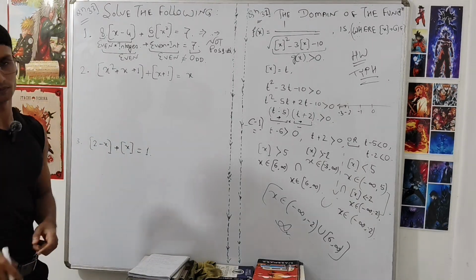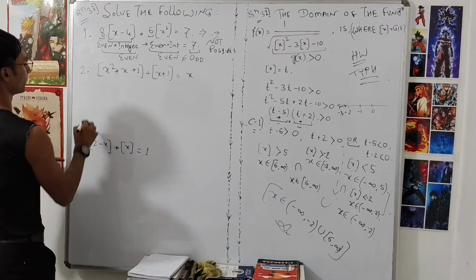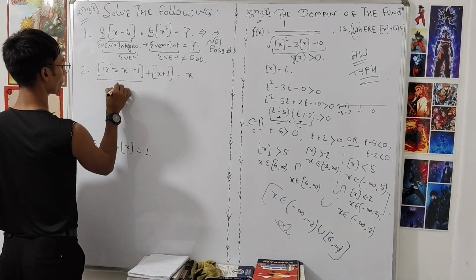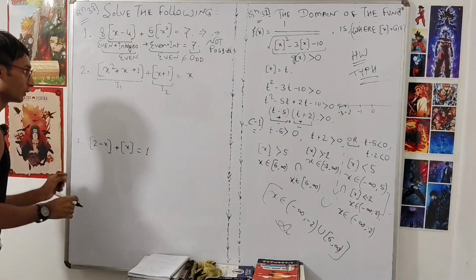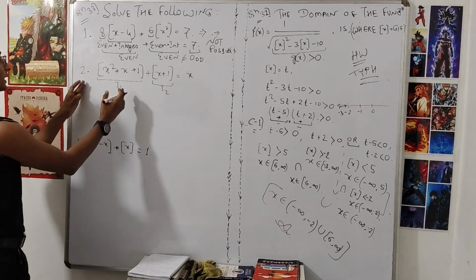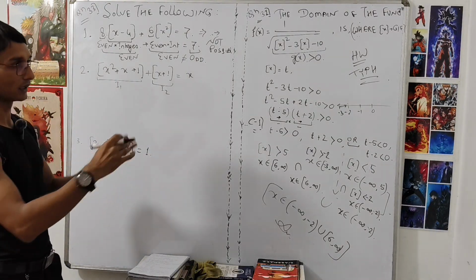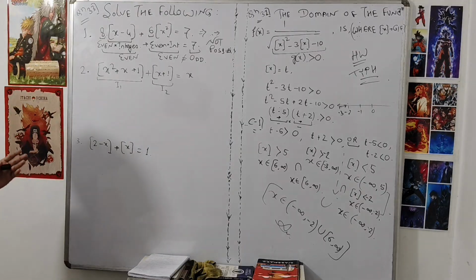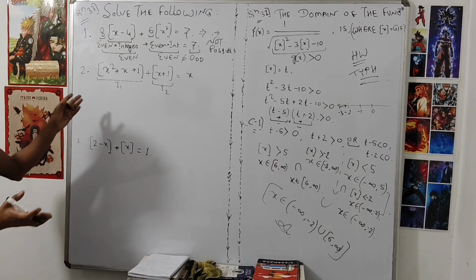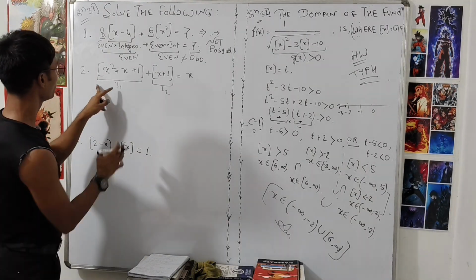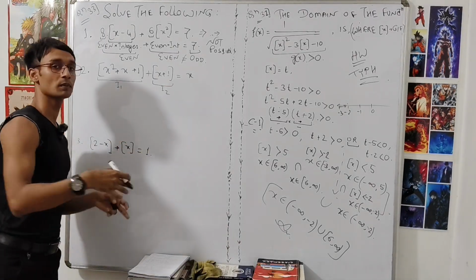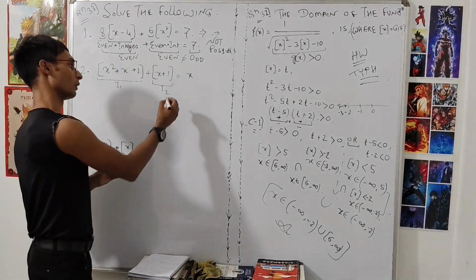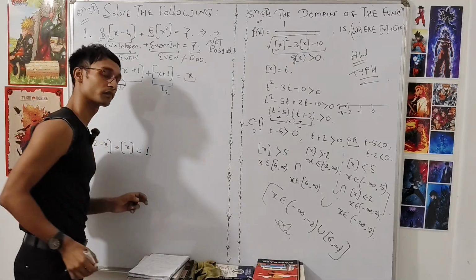सेकेंड वन, लुक एट दिस वन टू, दिस इज ऑल्सो लिटिल बिट ट्रिकी। दिस इज इंटीजर, दिस इज ऑल्सो इंटीजर। इंटीजर क्यों है? इट्स बिकॉज बॉक्स इज देयर, anything you will put inside a box, it will always produce an integer. So it will also be an integer. So integer plus integer will always be an integer, right?